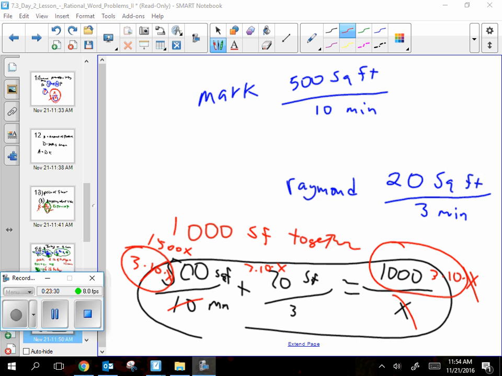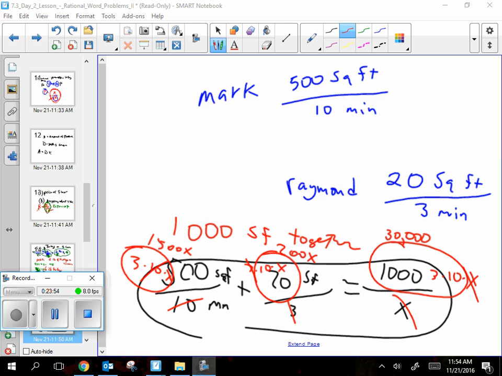And this 3 would cancel this 3, and I'd have 10 times 20 is 200x. Making a total of, again, 30,000. And then I would just make it 1,700x. It's 30,000 divided by 1,700. But, again, I get that that's a weird decimal.